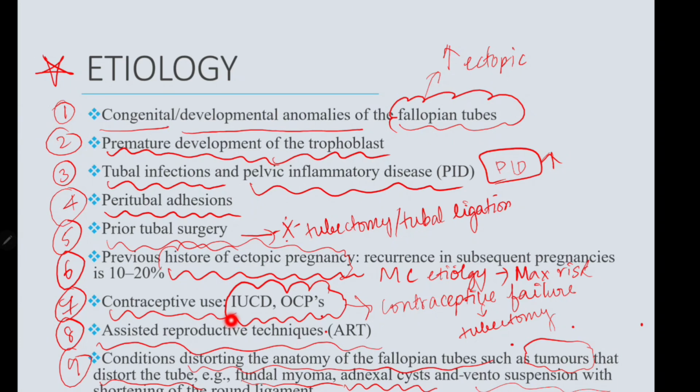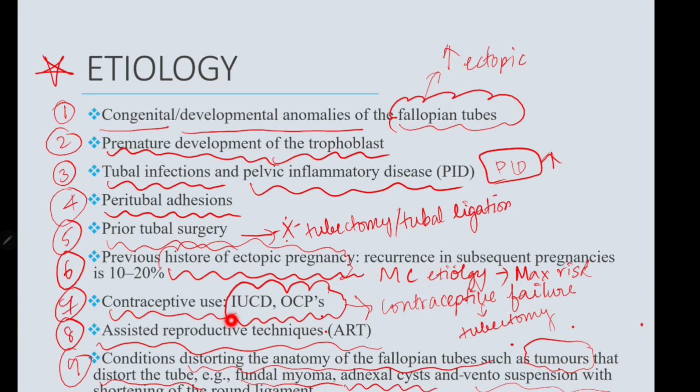So I am revising the etiology for you. The first etiology is any kind of congenital or developmental anomalies in the fallopian tube. Next is any premature development of the trophoblast. Third, tubal infections and very importantly pelvic inflammatory disease. Fourth, peritubal adhesions. Fifth is any prior tubal surgery. Sixth is any history of ectopic pregnancy.